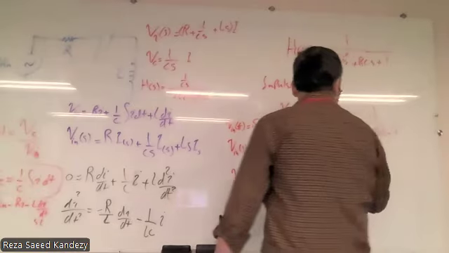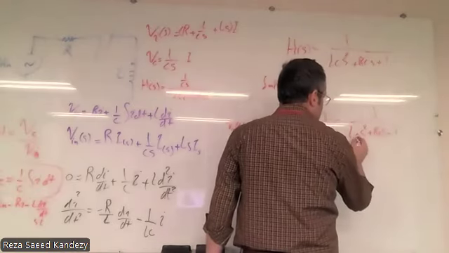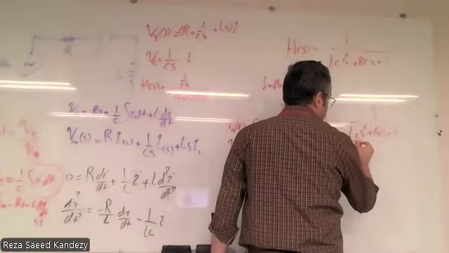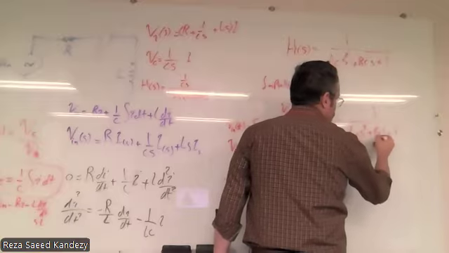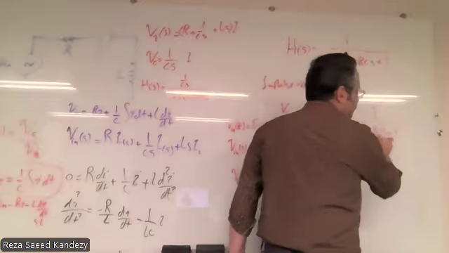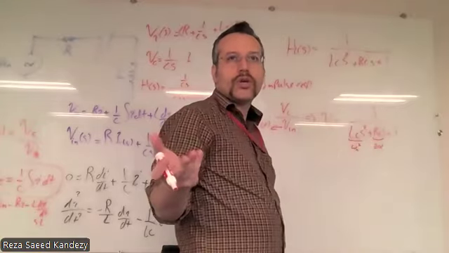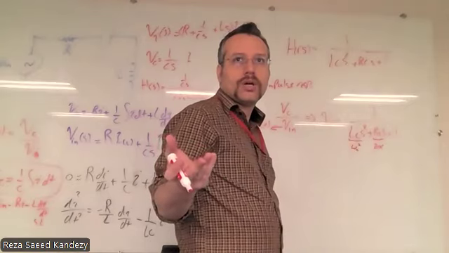Okay, so let's say we call this one omega n square and this one 2 alpha. I'm naming that because I wanted to use the standard equation.